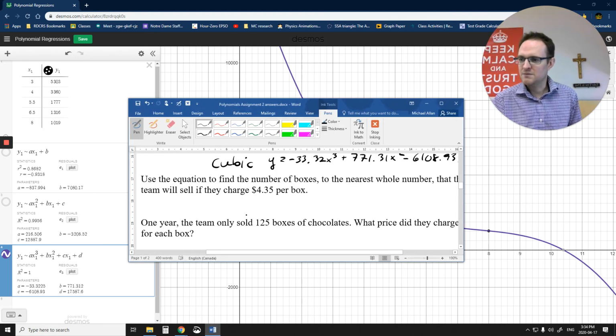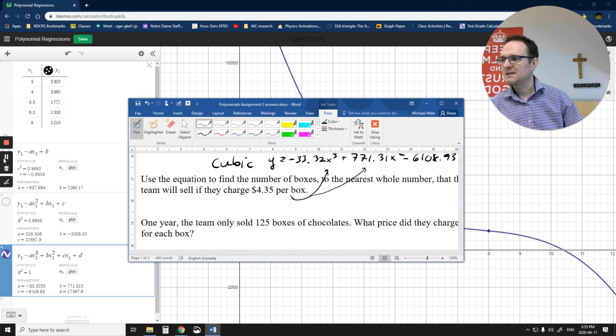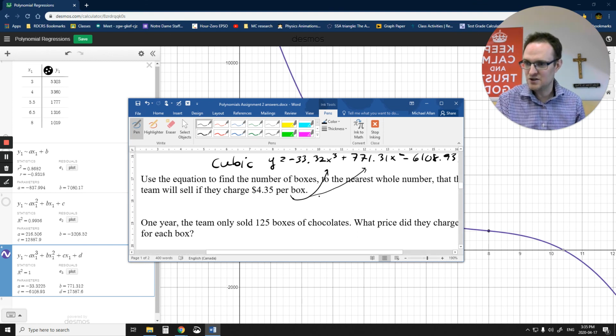It says use the equation, but I'm not too concerned about that. You could put in your x values if you want to. You could put all this into all your different x values into the equation up there if you want to, or you can just trace the graph.